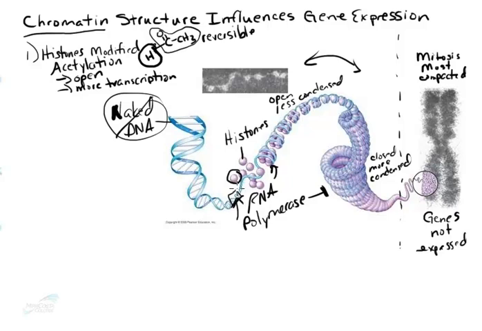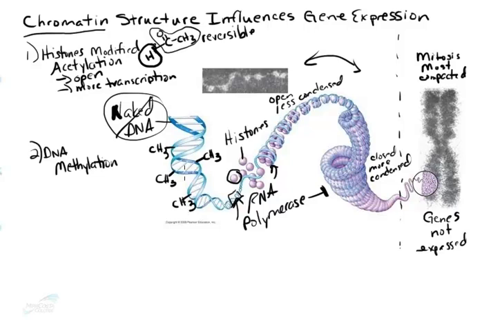Now, there's a second way that's commonly used in cells to alter the structure of chromatin, and this is a little bit more dramatic and long-lasting, and this is by chemical modification of the DNA molecule itself. So we're not talking about modifying the proteins here, we're actually talking about adding chemical groups in the form of methyls, these CH3s are methyl groups, onto the DNA molecule itself, right?